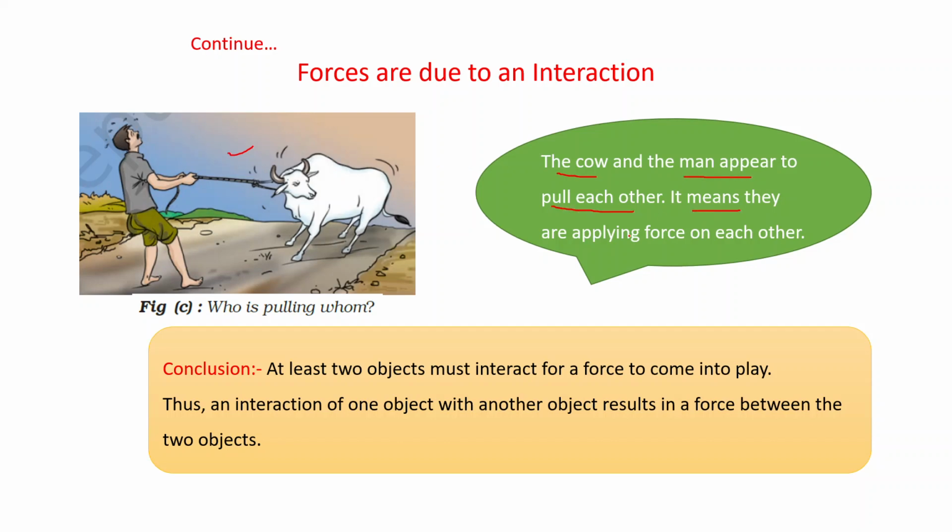It means they are applying force on each other. Then we can conclude that at least two objects must interact for a force to come into play. Thus, an interaction of one object with another object results in a force between the two objects.